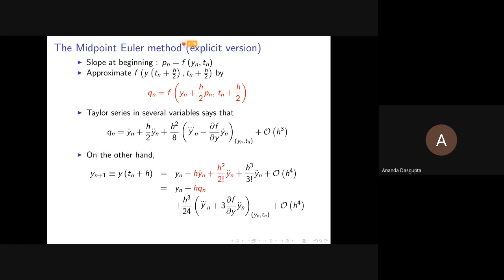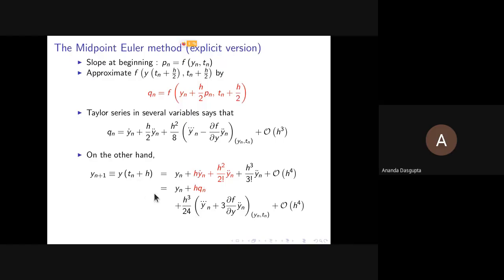So my point is, if you add to yn h times Qn, the derivative at the middle of the interval, you get y at n plus 1 almost. You end up getting the first order term in the Taylor series perfectly correctly, second order term also perfectly correctly.